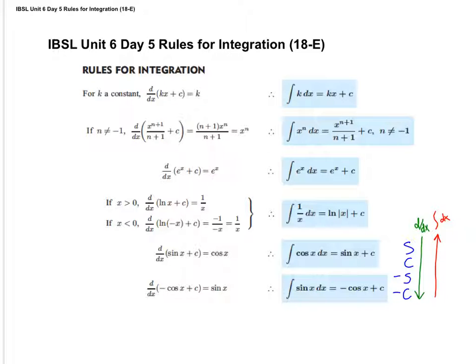As a result, when we take the integral of 1 over x, it's the natural log of the absolute value of x. And it needs to be the absolute value of x, because remember the domain for the natural log is that x has to be greater than 0.